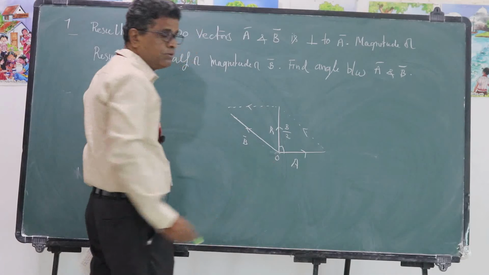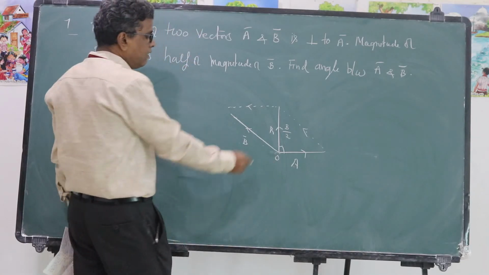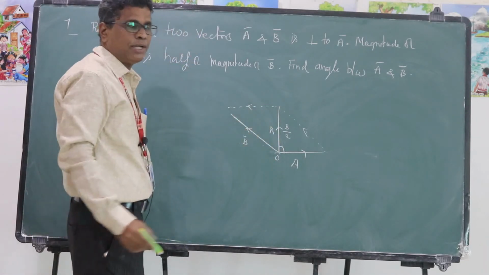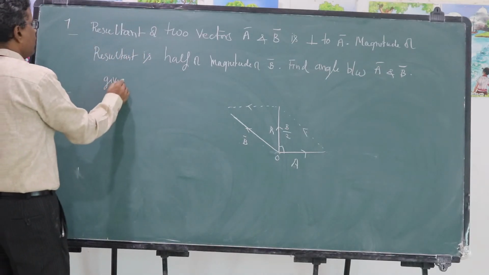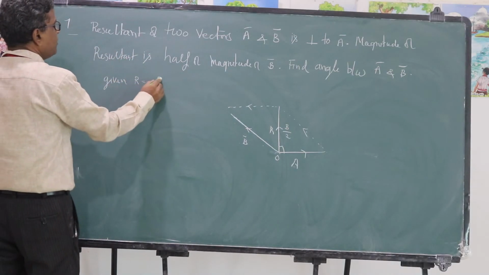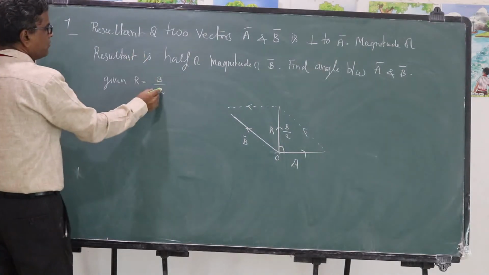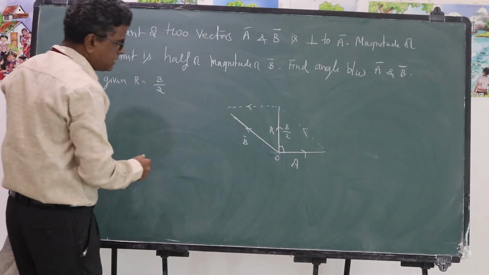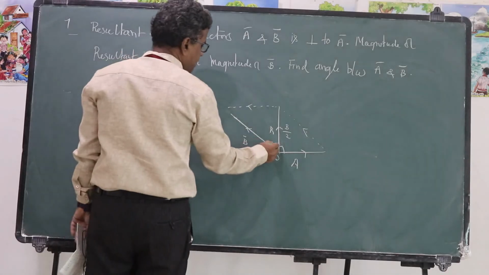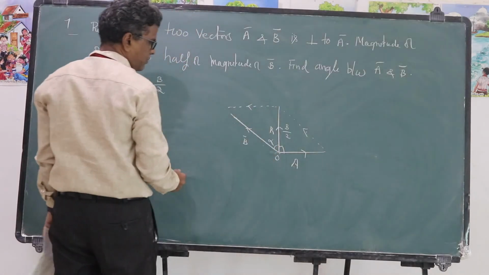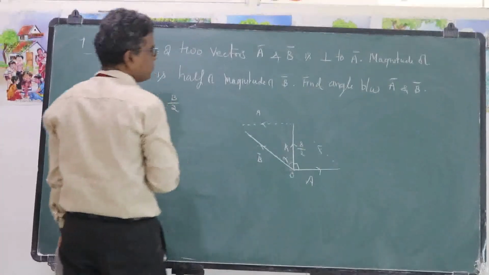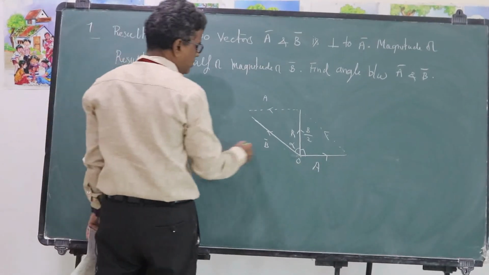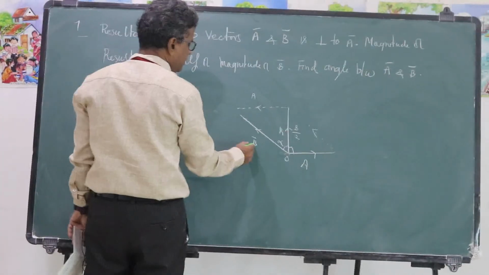The resultant of these two is the diagonal of the parallelogram drawn from the same point, that is R. Given R is equal to mod of B bar by 2. Take this angle as alpha. If this is A, this one is also A. This is B, magnitude of B.